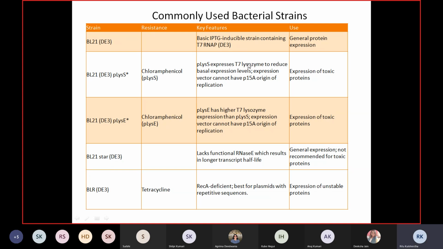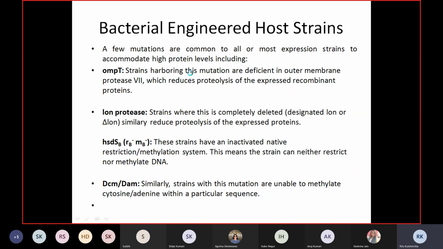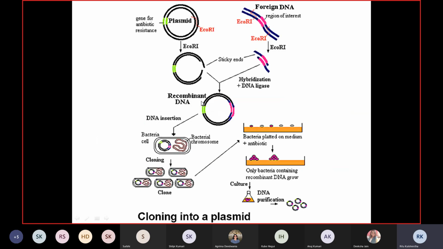So the BL21 host strain having T7 lysozyme already has a plasmid. Now let's say you made a recombinant DNA plasmid in which your gene of interest is present and you want to introduce it into bacteria.